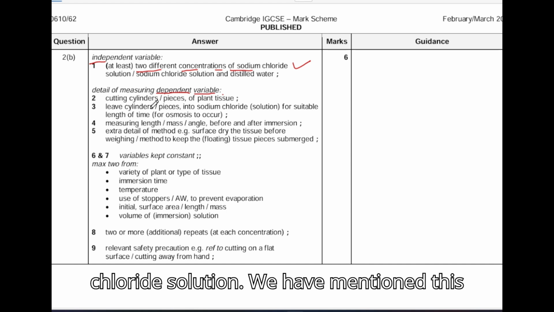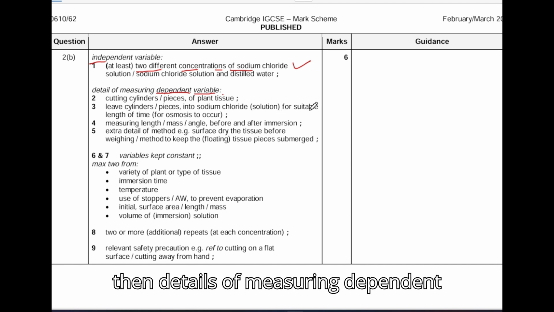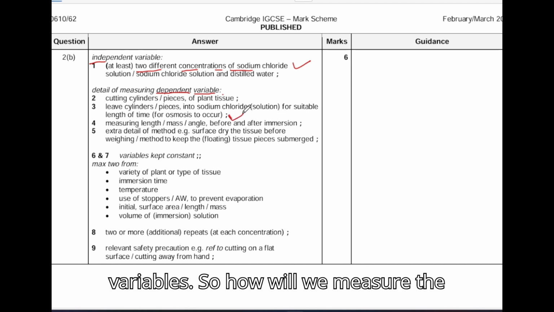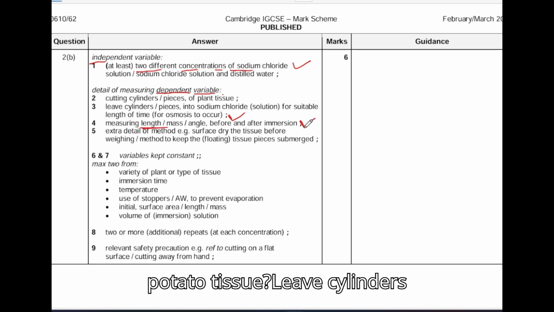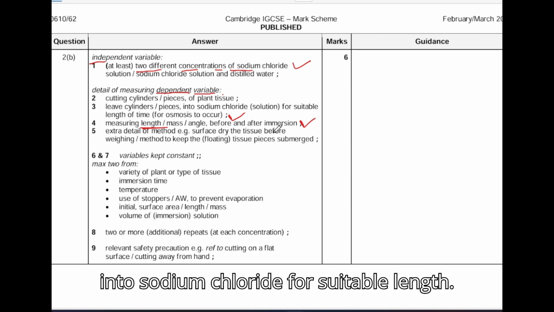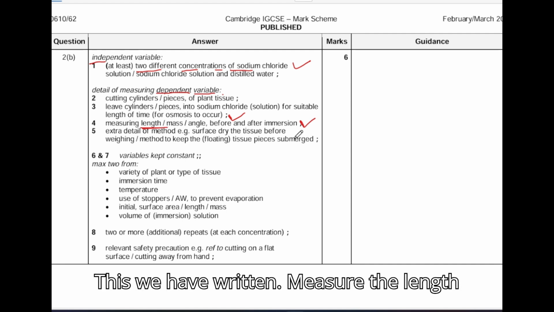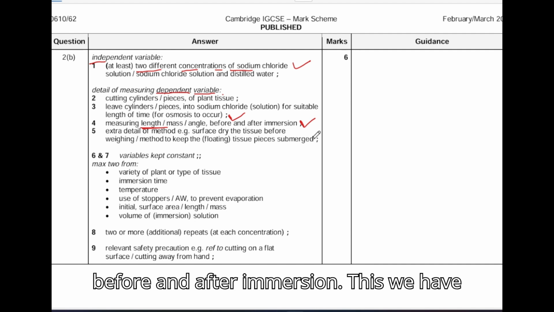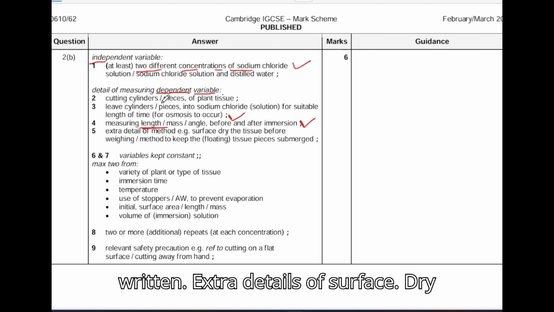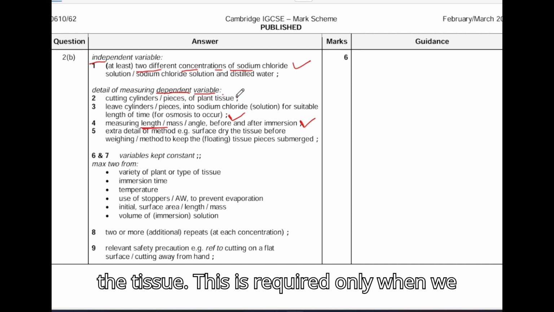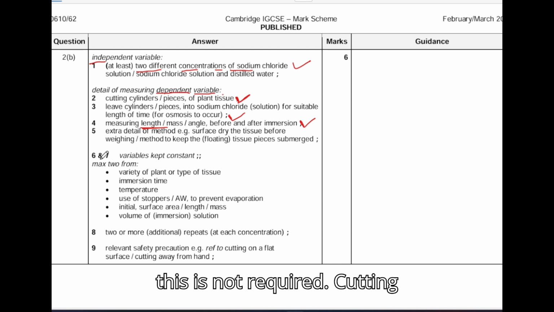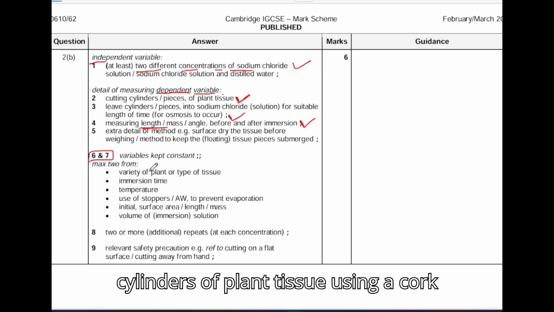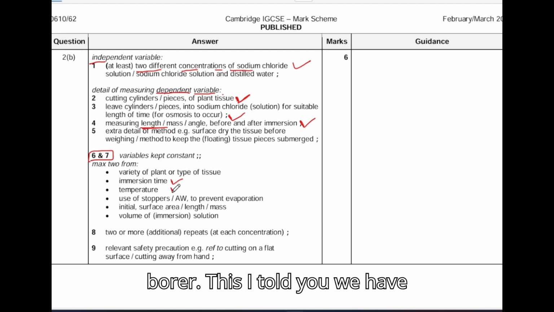Then details of measuring the dependent variable: cutting cylinders of potato tissue, leave cylinders in sodium chloride for a suitable length, and measure the length before and after immersion. We have written this. Extra details of surface drying the tissue is required only when we are measuring the mass, so for now this is not required. Cutting cylinders of plant tissue using a cork borer, I told you we have to mention this.